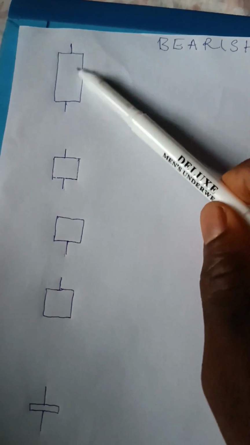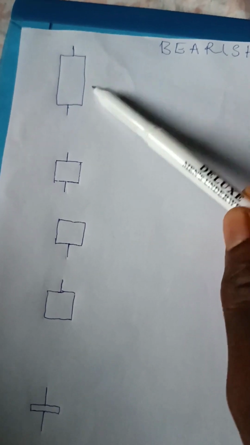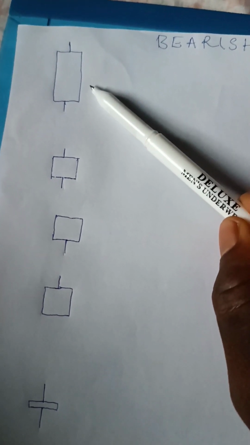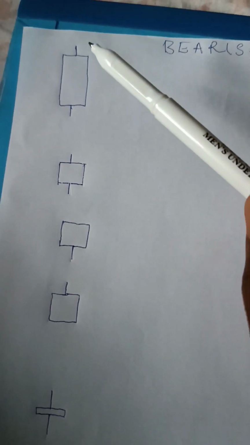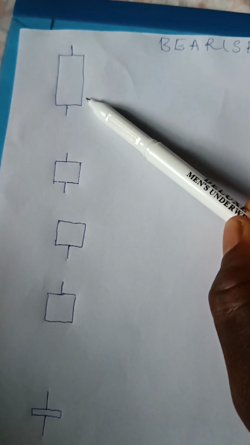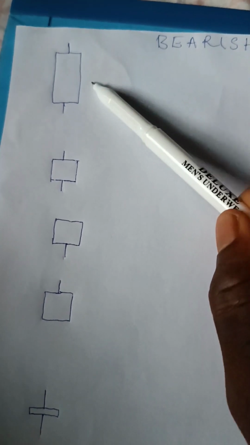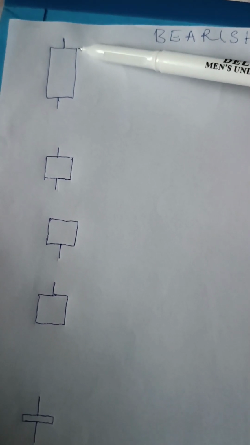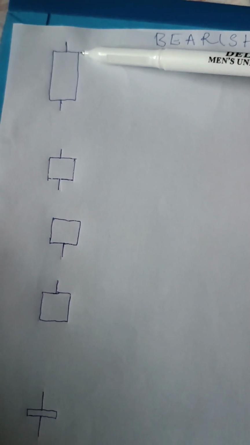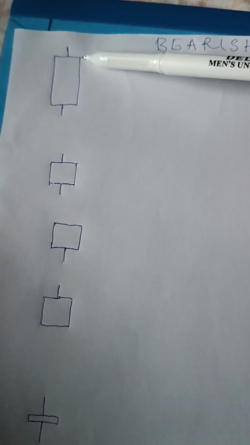Now, this is a bearish candle. Why is this a bearish candle? On some exchanges, you see them in red color. Okay, so the reason it is a bearish candle is because it opened here. Can you see? The price opened here.